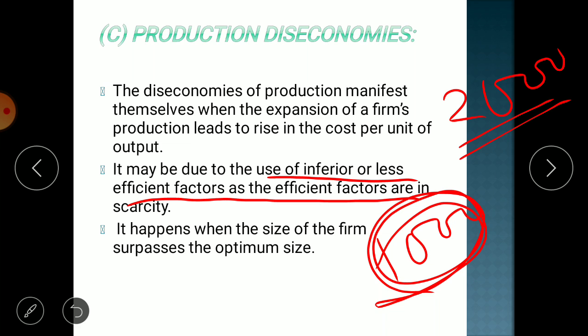Again, I am repeating, production increases beyond a limit, and our cost increases because of the inferior quality of raw material and unskilled labor, which is known as production diseconomies.